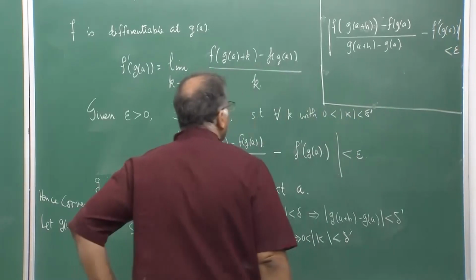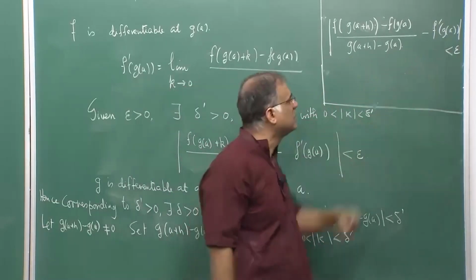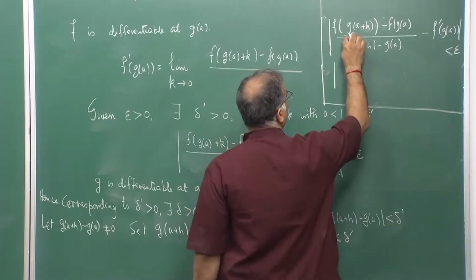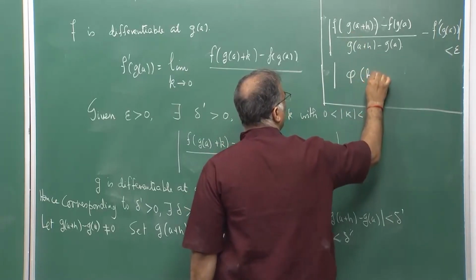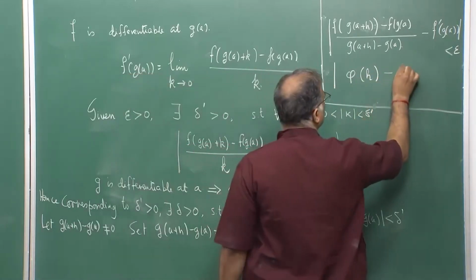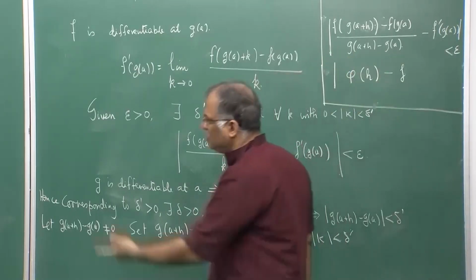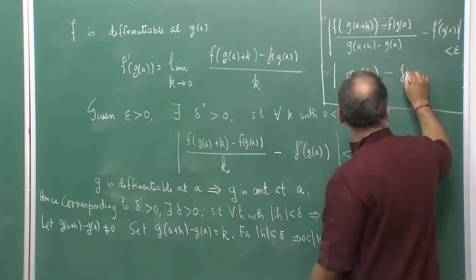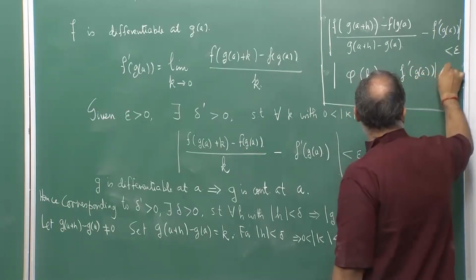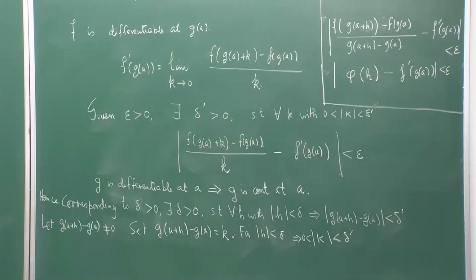So for all |h| less than delta, this is this. What is this? This is nothing but phi(h) minus f dash of g(a), because whenever g(a+h) minus g(a) is not equal to 0, phi(h) is defined like that. It is strictly less than epsilon whenever |h| is less than delta.